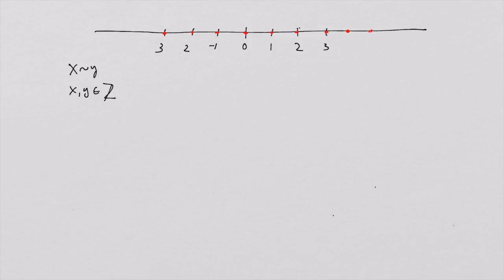Otherwise, x is not equivalent to y, which means every other point on the line is only equivalent to itself, right? Or, well, I guess I should write: if x is not an element of z, then x is only equivalent to itself, right?